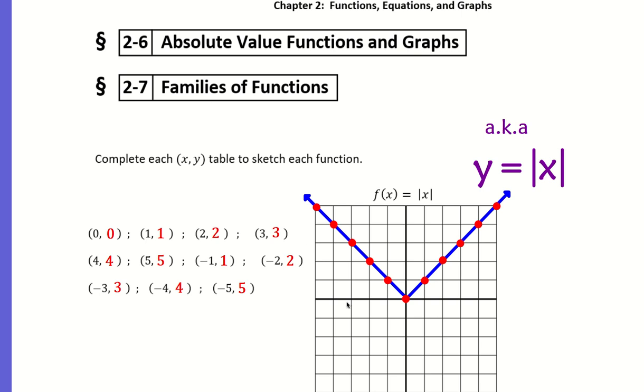But it keeps going even after that. And not only that, like I always say, these red dots that you already see and the blue graph you can see right in front of you, the red dots aren't the only ones. You can plug in numbers other than nice integers. Why can't x equal like 2.5? If you plugged in 2.5, you'd end up with the point 2.5, comma 2.5.